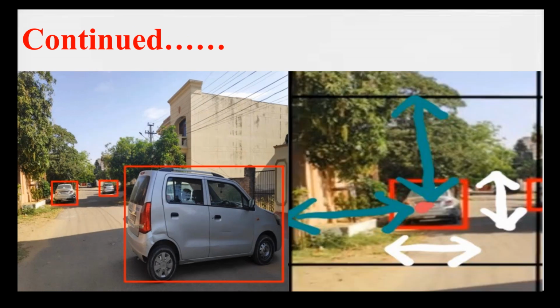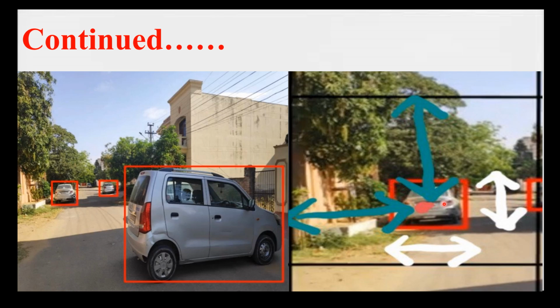Now we have to know what those 5 parameters are that belong to each grid in the 3 cross 3 grid image. We have one more picture here in which we have taken one particular grid where a car is actually present. Here the red dot is at the center of the bounding box. The horizontal blue arrow is the parameter Tx, that is the distance between the red dot and the leftmost part of the grid.